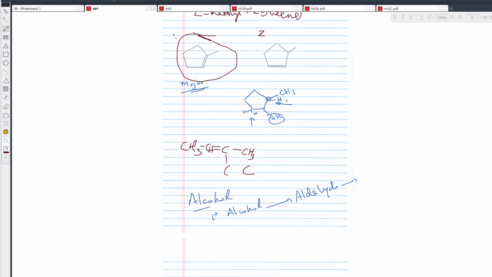It is going to go up to the carboxylic acid. Carboxylic acid. But depending on the reagent, you can also get aldehyde.